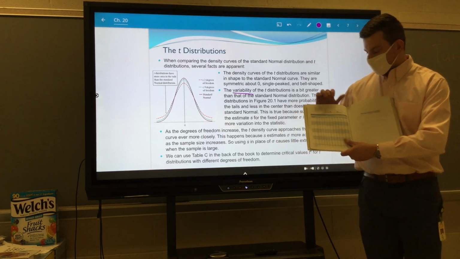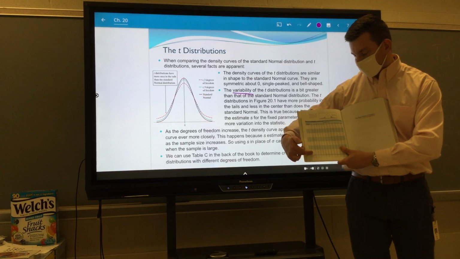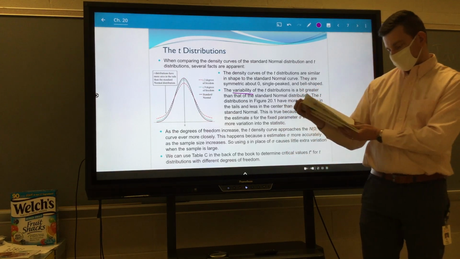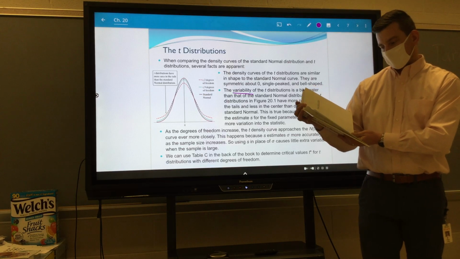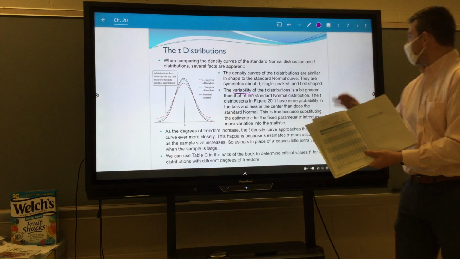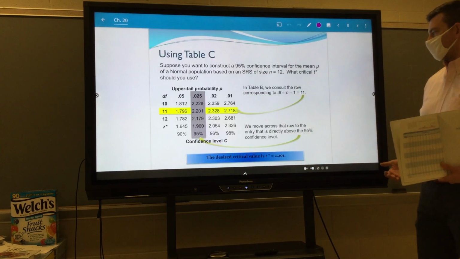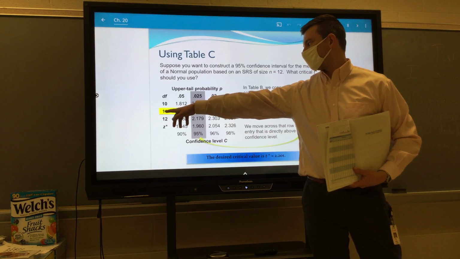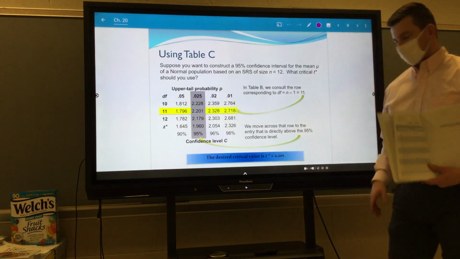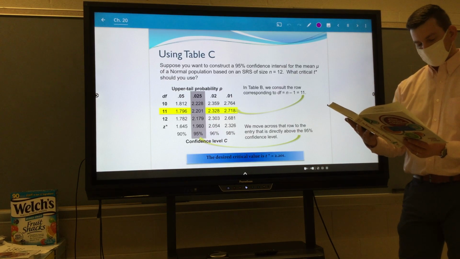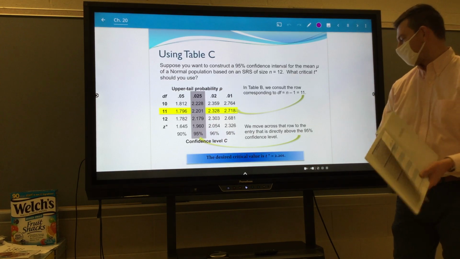The way this works is you have degrees of freedom down the left side, and across the top you have the confidence level. If I want to be 95% confident, and I have 11 degrees of freedom, well, this chart is shown a little bit differently in terms of the upper tail probability, but that goes along with a 95% confidence interval.